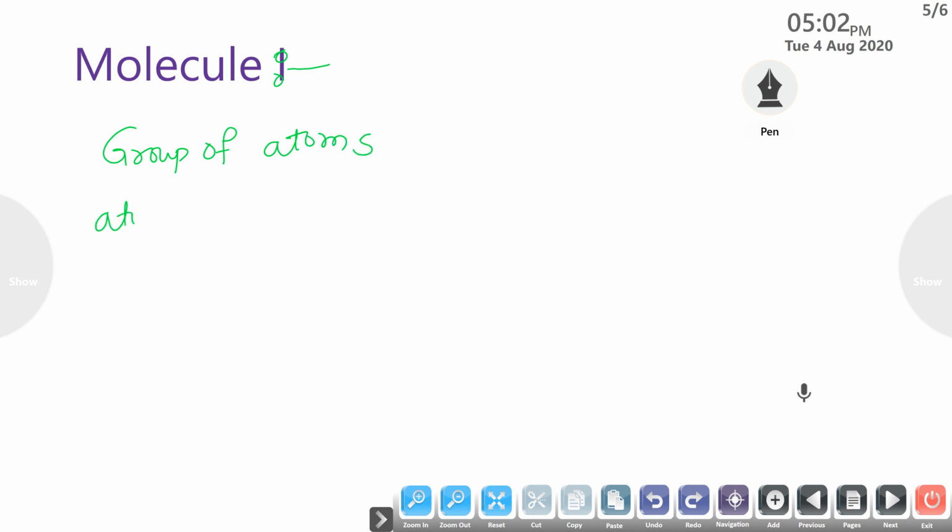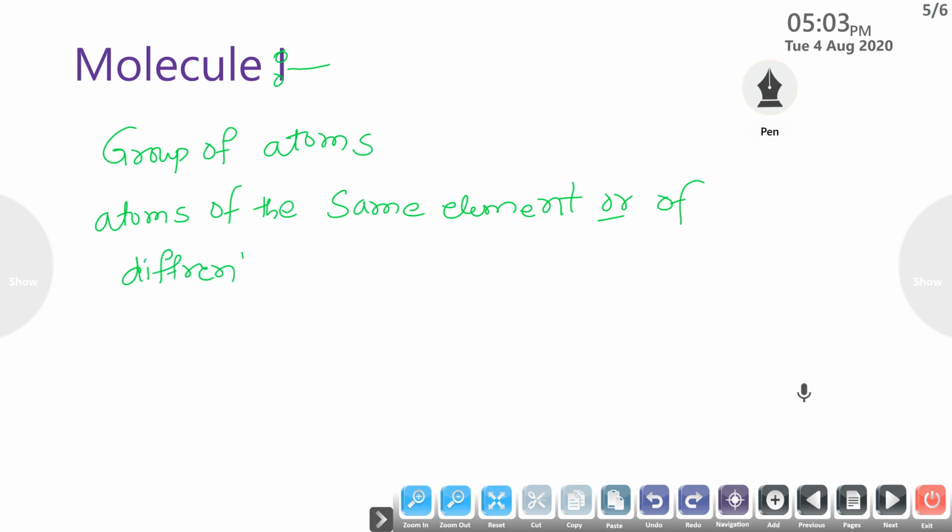Here the atoms may be of the same element or of different elements. Different elements can join and form a molecule.